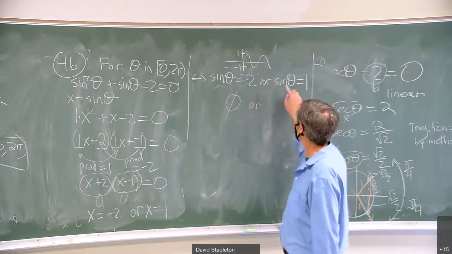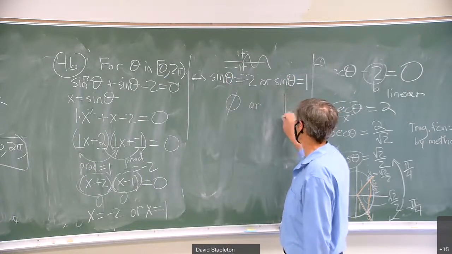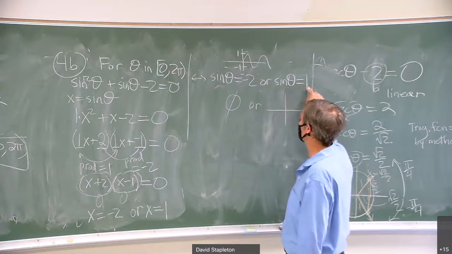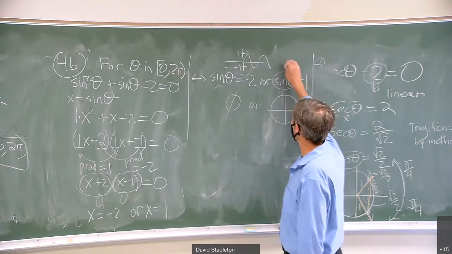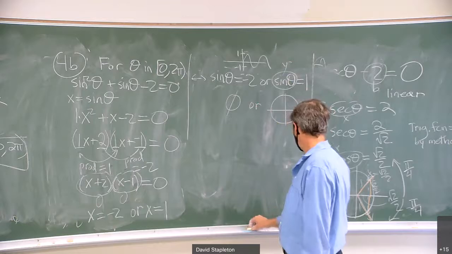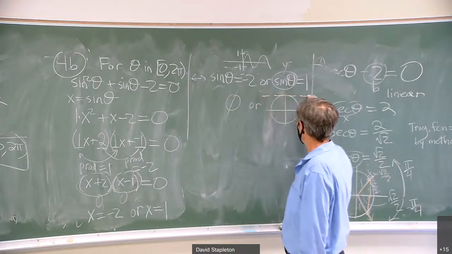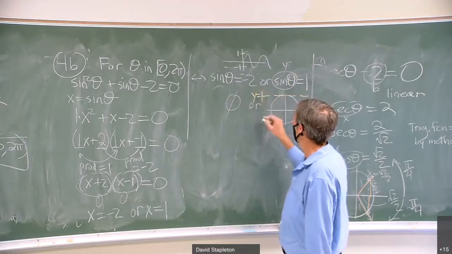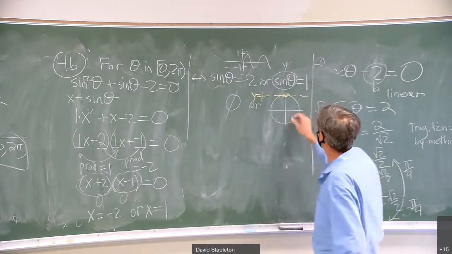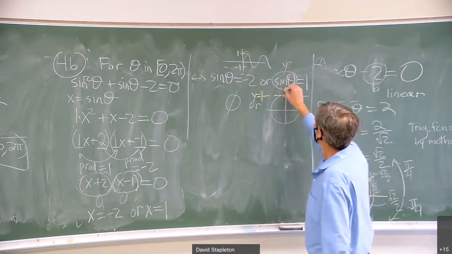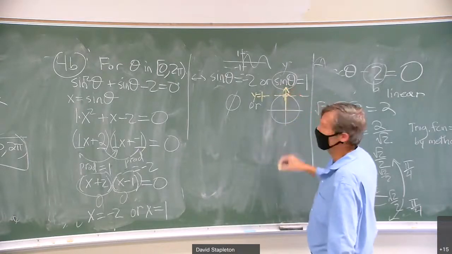Or sine theta equals 1. This one I can solve in the unit circle, right? It's a trig function equal a number. Sine is the y coordinate, so I draw the line y equals 1. I observe it intersects at only one point. It's tangent to the circle. So I've got only one terminal ray right there.